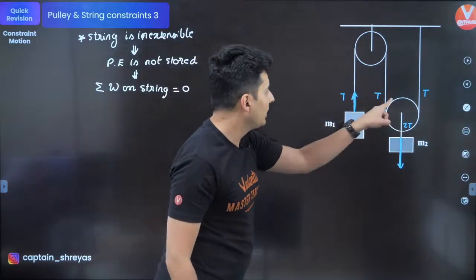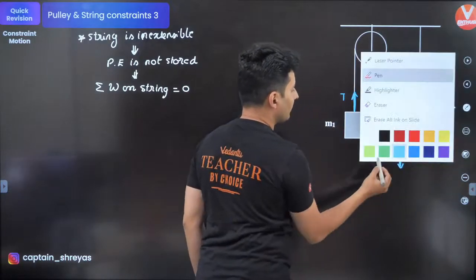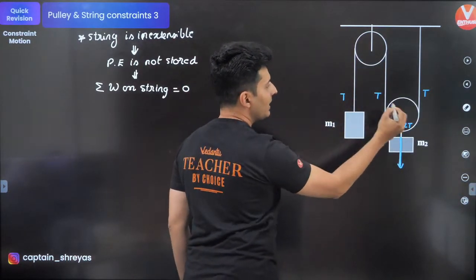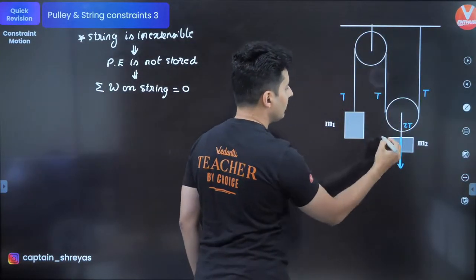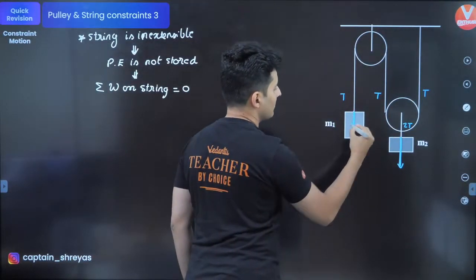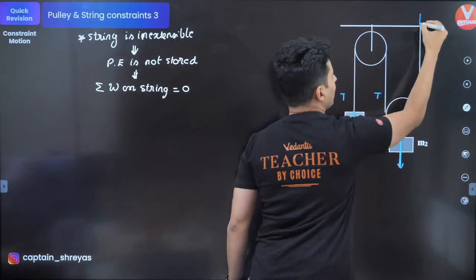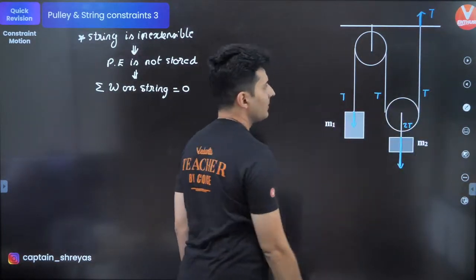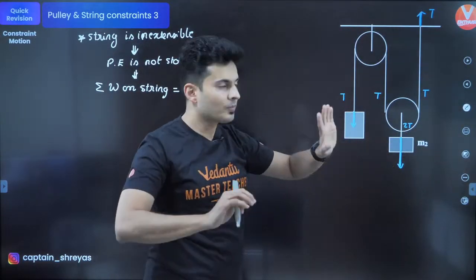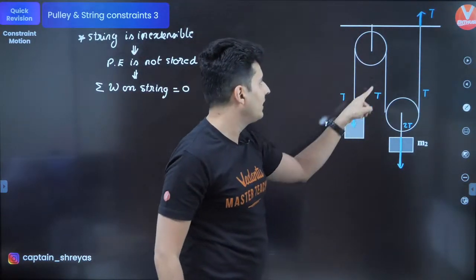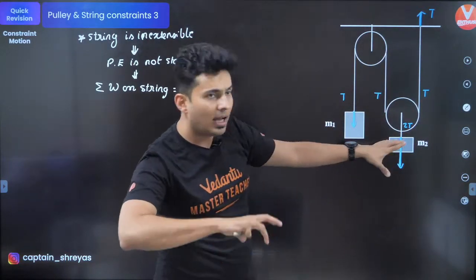At these points, the tension on the string will not be like that, because the tension on the block will be like that, but on the string, the tension will be this way. Now, just look at the end points of the strings. This is one end, this is one end, and this is the last end over here.